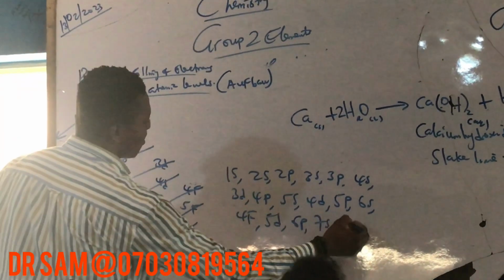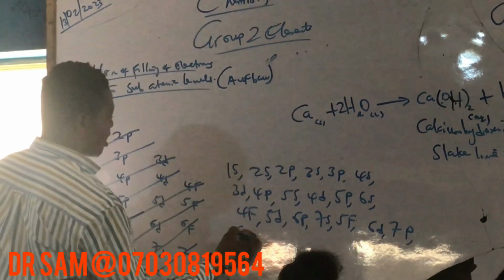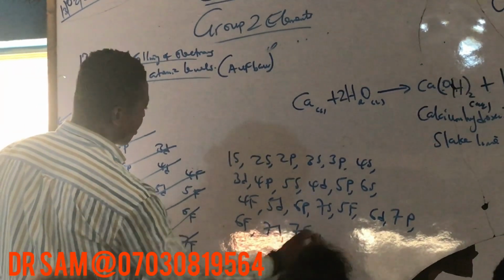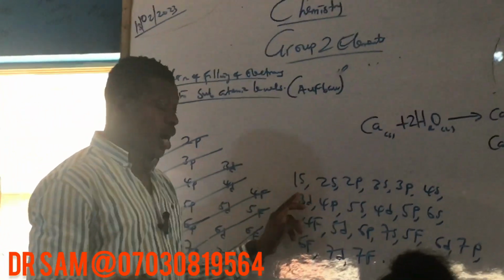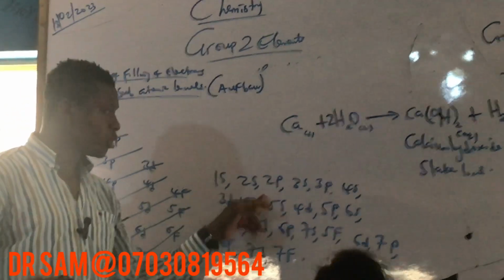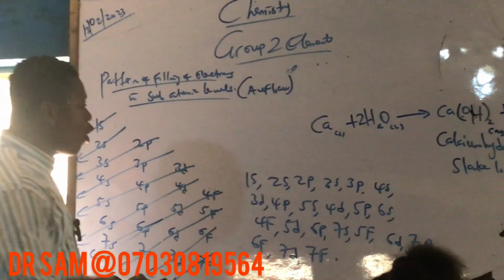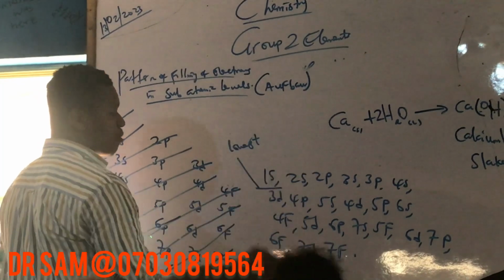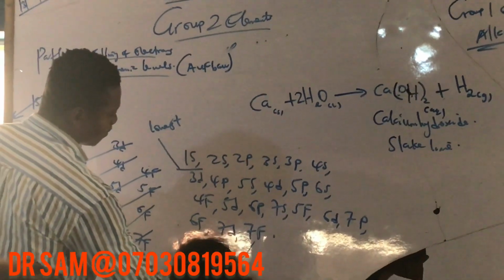Then 5f, 6d and 7p. Then 6f, 7d and 7f. These are the pattern of filling. 1s is lower than 2s, 2s is lower than 2p, lower than 3s, lower than 3p. So this is the lowest sublevel, and this one is the highest sublevel.